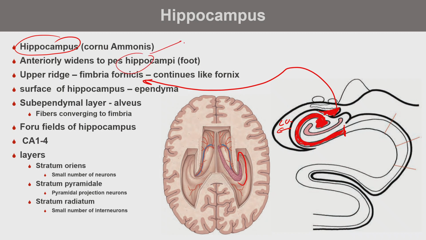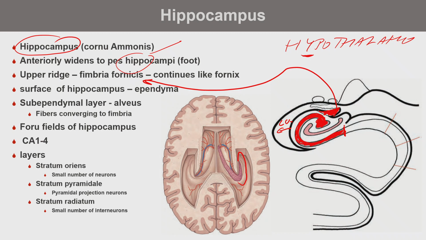Be careful, hippocampus. Why? It is hippo, like horse in Greek, and hypothalamus is with Y, because it is below in Greek. So, this is a hippocampus.